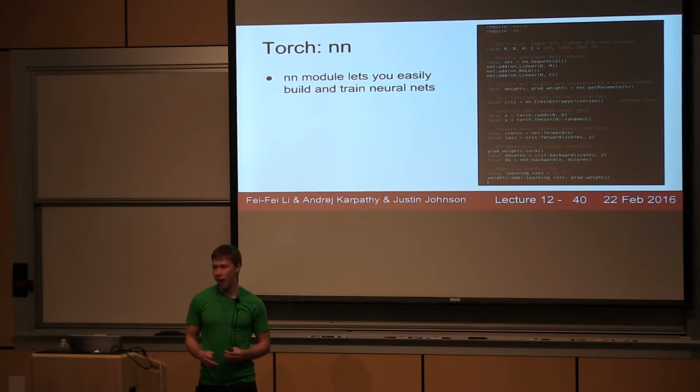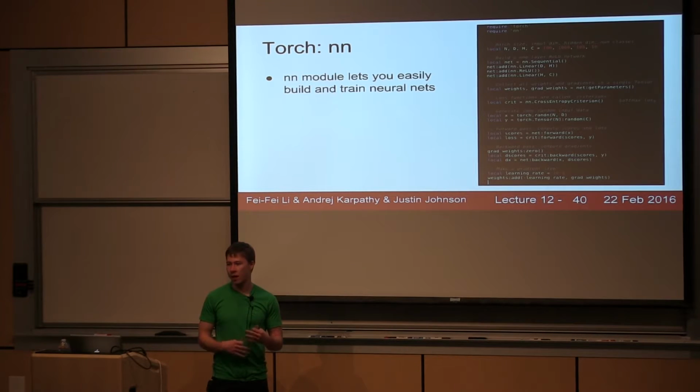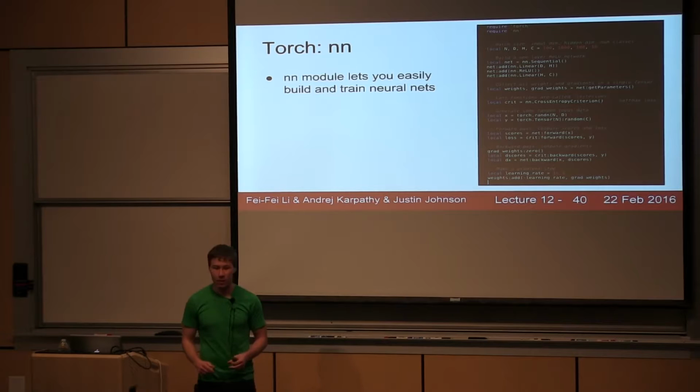Instead, you use this other package called nn for neural networks. nn is a pretty thin wrapper that defines a neural network package just in terms of these tensor objects. You should think of this as a beefier, more industrial strength version of the homework code base, where you have this ndarray, this tensor abstraction, and then you implement a neural net library on top of it in a nice, clean interface.